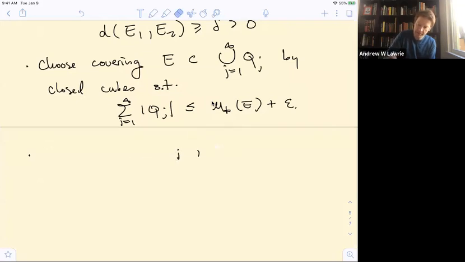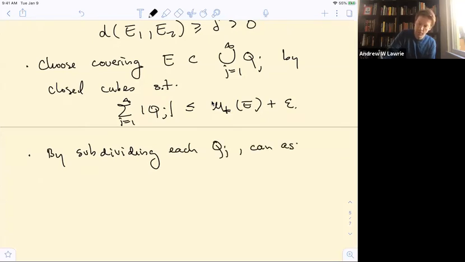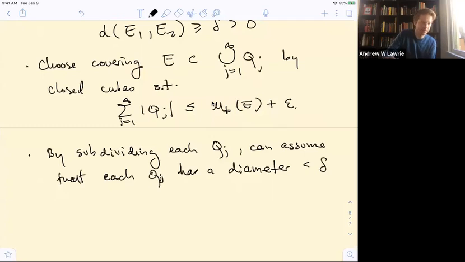By subdividing, and then relabeling, we can assume that each Q_j has a diameter less than delta.